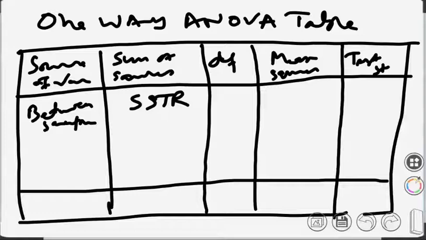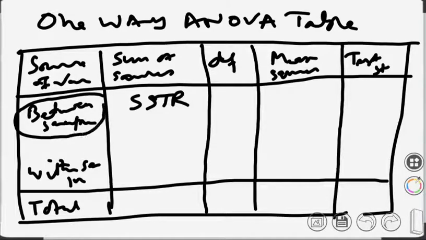We'll write down the other parts later. So this is total source of variation, and this is within sample error. So what we have is between sample variation and total variation.